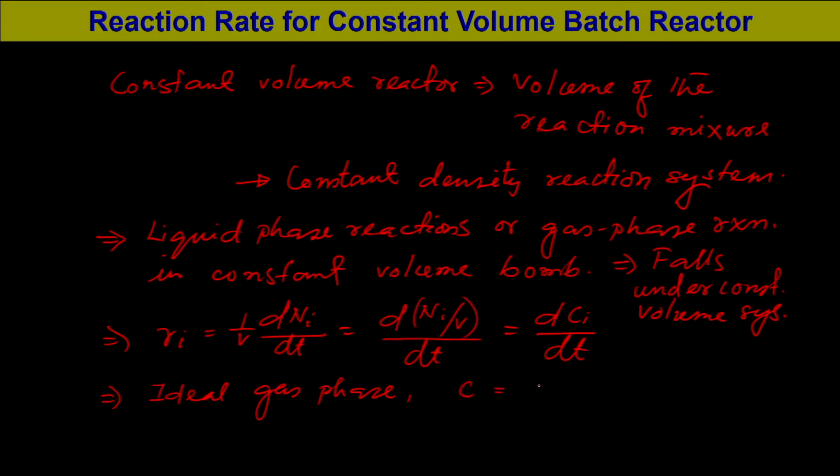C would be equal to P by RT, where P is the partial pressure of that component. So, we can write this expression Ri would be equal to 1 by RT dPi/dt.